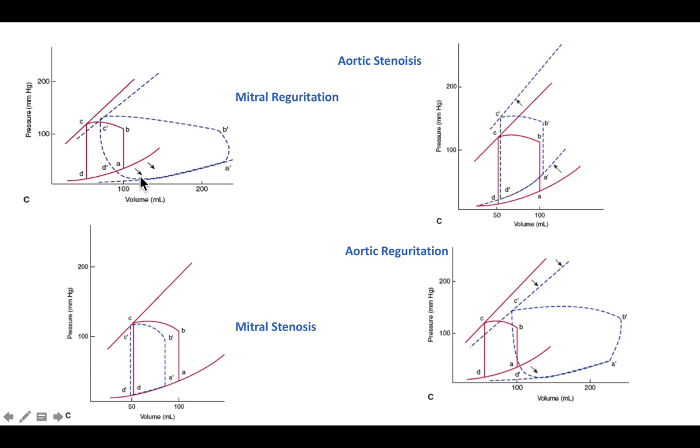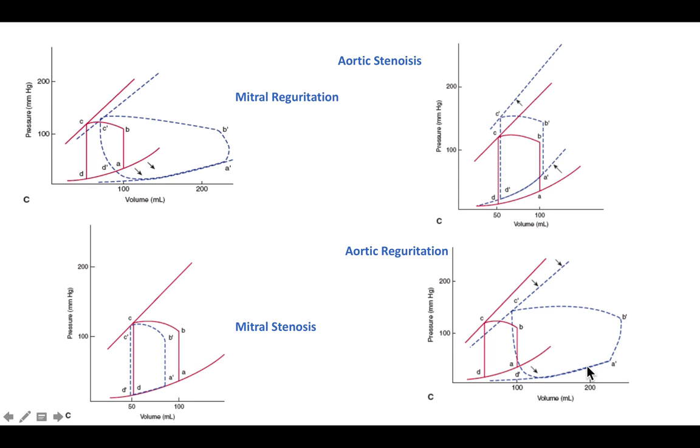In the case of mitral regurgitation, what you're doing is you're ejecting blood back into the atrium, and when the mitral valve reopens, that blood that was ejected into the atrium comes back into the ventricle along with what you would have normally had come in. So that increases the filling quite a bit, and your preload goes up very high.